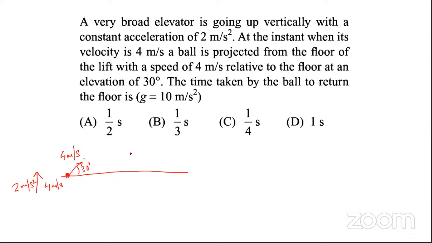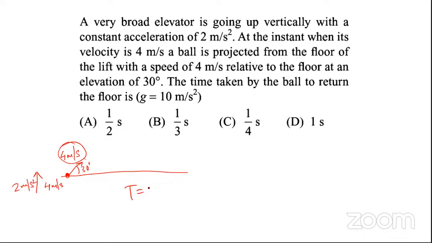So we need to find the time of flight. Since we have the relative velocity, we can take the complete question into relative motion. So what will change? The acceleration will change.